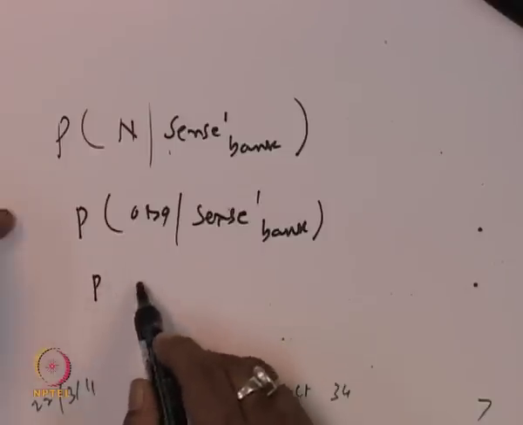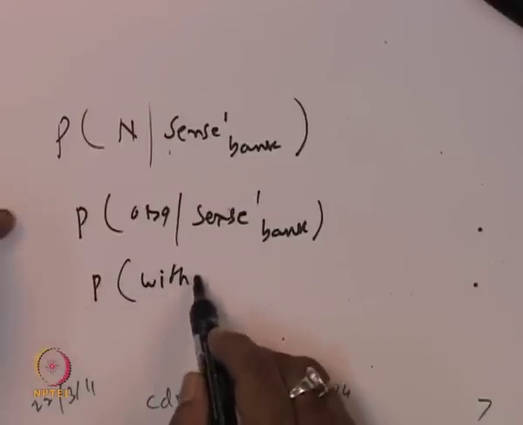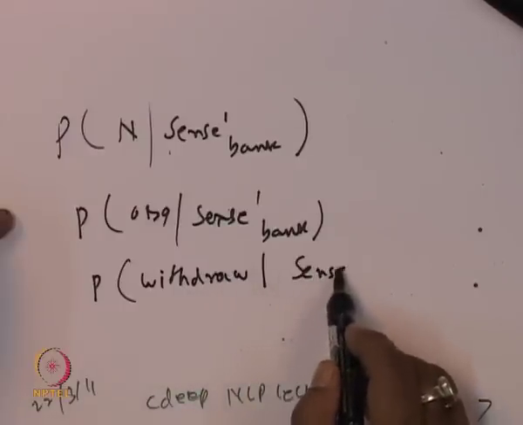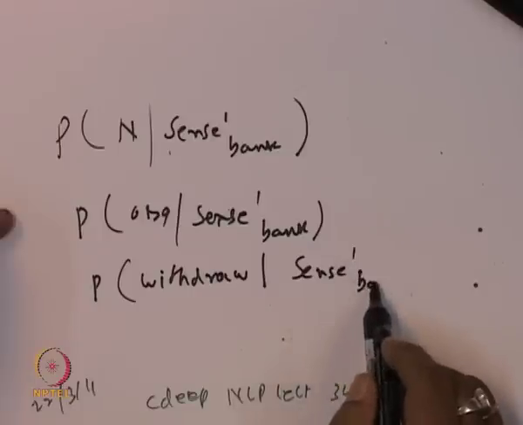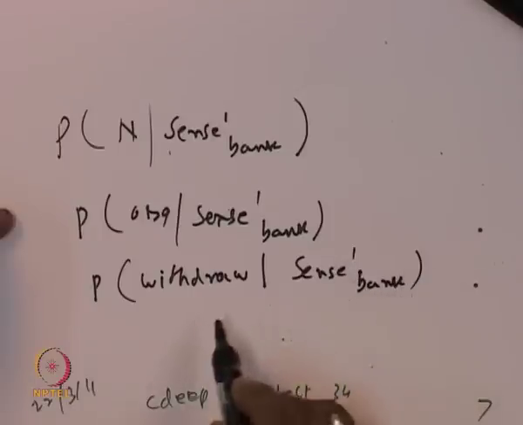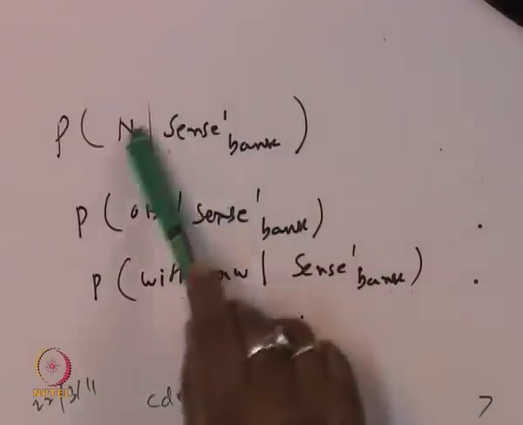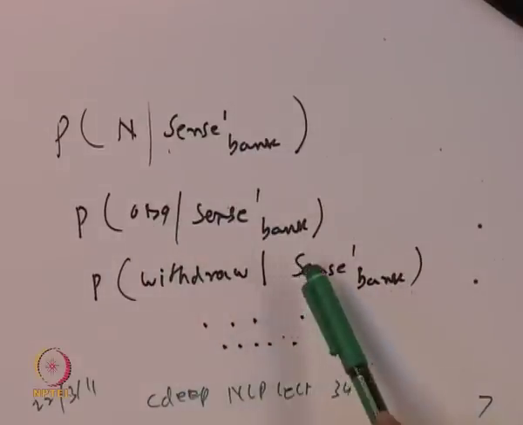Probability of withdraw being a collocated word for the sense 1 of bank, and so on. So, these become our parameters. Okay. These are our parameters.